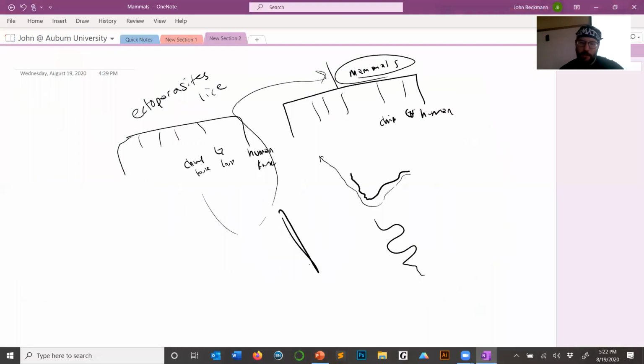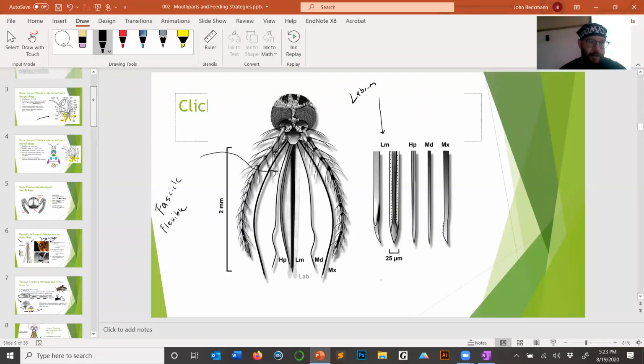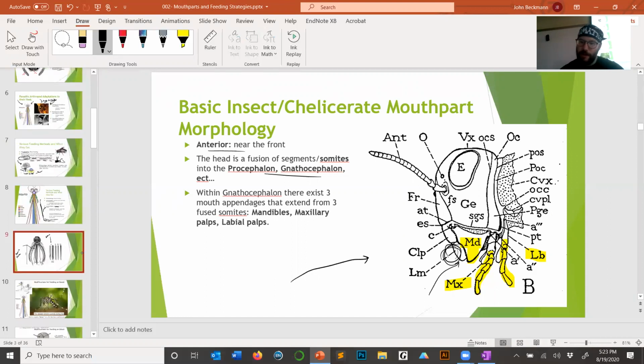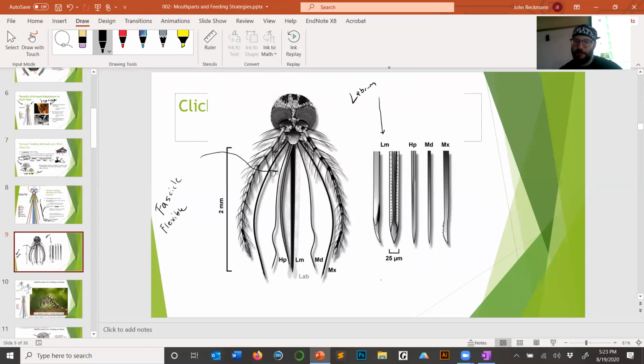Remember, the labrum was the upper lip in that grasshopper. Let's go back and look at that quick. That was this thing. In the mosquito, this has evolved into a sharp tube that looks like a needle, which is right here. And blood sucks up through the labrum.